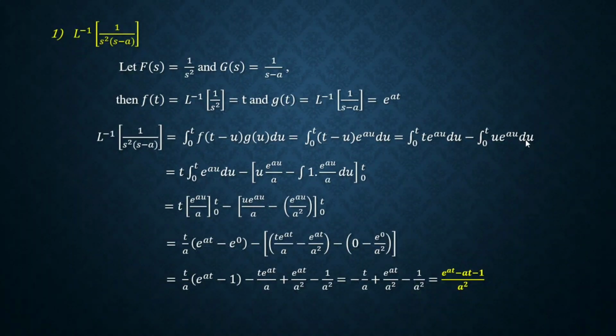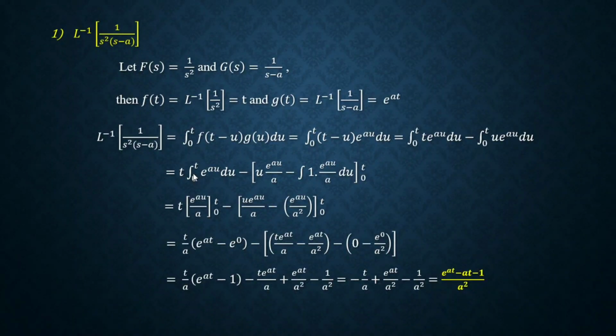raised to au du is of the format integral uv dx. So integral uv dx is equal to u into integral v dx minus integral of (derivative of u into integral v dx) dx. So we'll substitute that formula here.